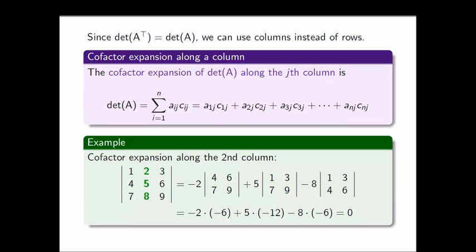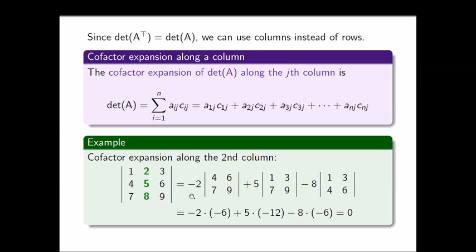So for example, in the same matrix that we saw a moment ago, we can use cofactor expansion along the second column. So we're going to get 2 times the determinant of 4, 6, 7, 9 times minus 1, because if you remember the checkerboard diagram, there's a minus in the position 1, 2.